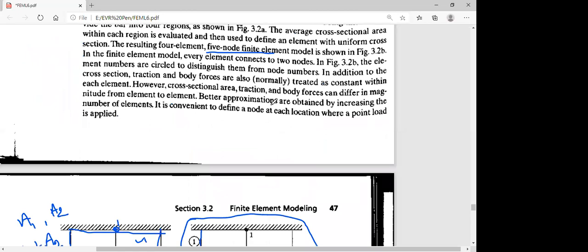Here is one condition: whenever you model a one-dimensional body in the finite element method, the one-dimensional elements should have cross-section area, traction forces, and body forces treated as constant within each element.